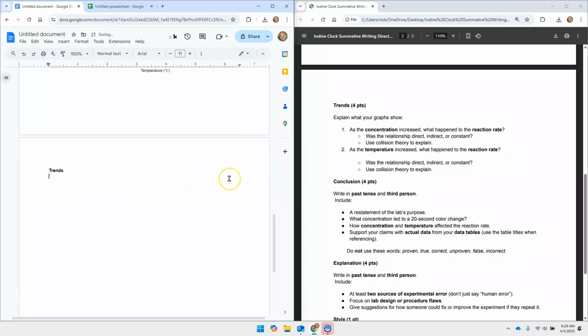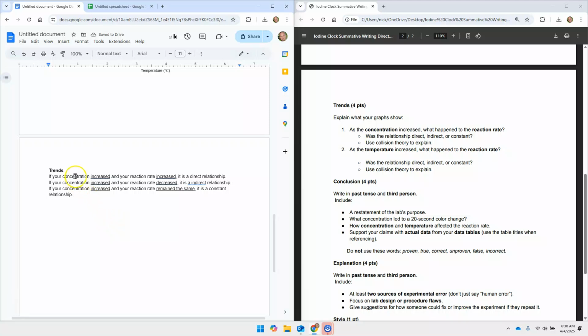So one directly affects the other. If your concentration increased and your reaction rate decreased, that is an indirect relationship. And finally, if your concentration increased and your reaction rate remained the same, that is a constant relationship, or it remains constant.